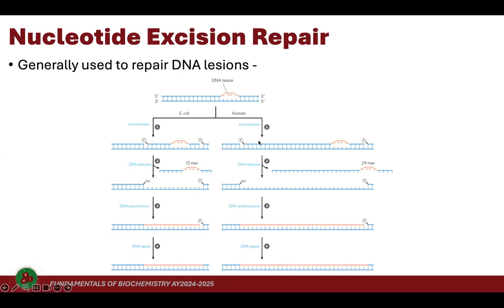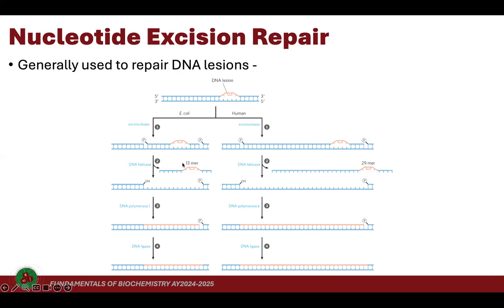In the case of humans, a longer oligonucleotide is removed, so it can cleave up to the sixth nucleotide downstream of the lesion and up to the 22nd nucleotide upstream of the lesion. So it generates a longer oligonucleotide. So it's composed of 29 nucleotides.